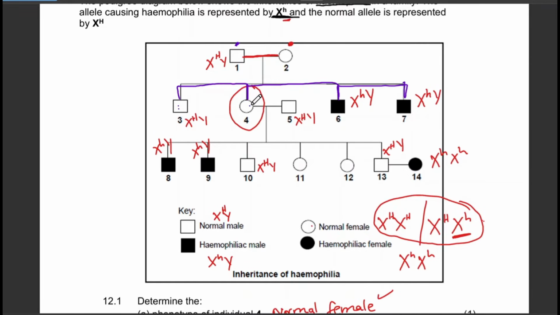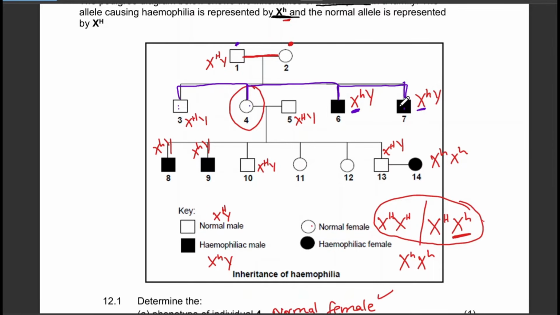They are normal kids, a normal male and a normal female, and these 2 are hemophilic males. With the genotype that we have here already, this X chromosome is carrying the hemophilic allele, the recessive allele, and this one also is carrying the recessive allele. How do we know that? Because they've said that these 2 males are hemophilic.